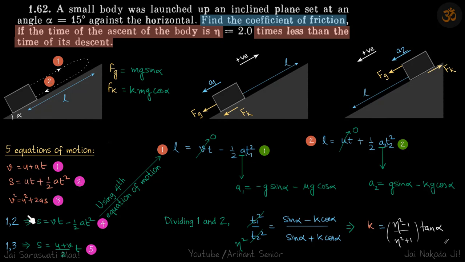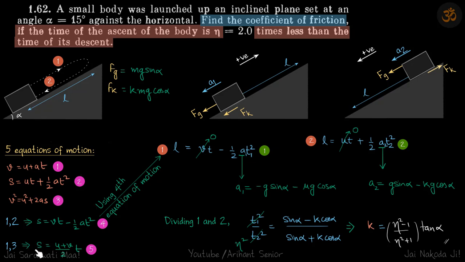That's why we will use the fourth equation of motion, which we get if we eliminate u from equations 1 and 2. If you put the value of u as v minus at, you will get s is equal to vt minus half at square. Here we know that when it's launched up, its final velocity v is 0, so we have the relation between L and time, which we wanted.